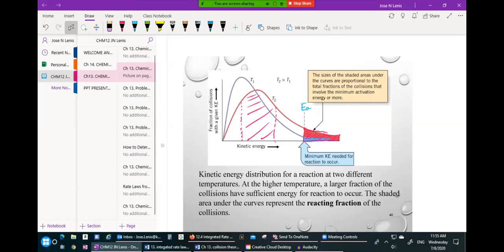At temperature 2, the diagram is showing that we have more molecules with more chances to produce effective collisions, and therefore to make more products. You see how important this diagram is, and we need to understand what the meaning of that is.